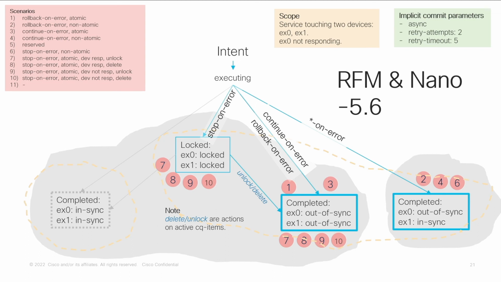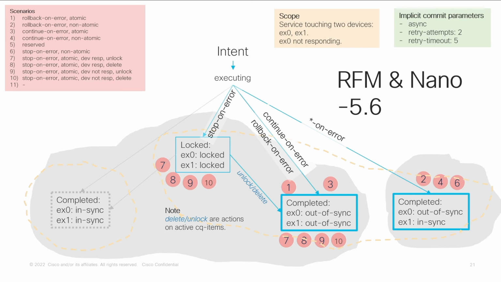But now our users are starting to use reactive fastmap and nano service to get this asynchronous behavior and make more complex service integrations. This has become really important because ending up in a state where you have devices out of sync just causes a lot of extra work.